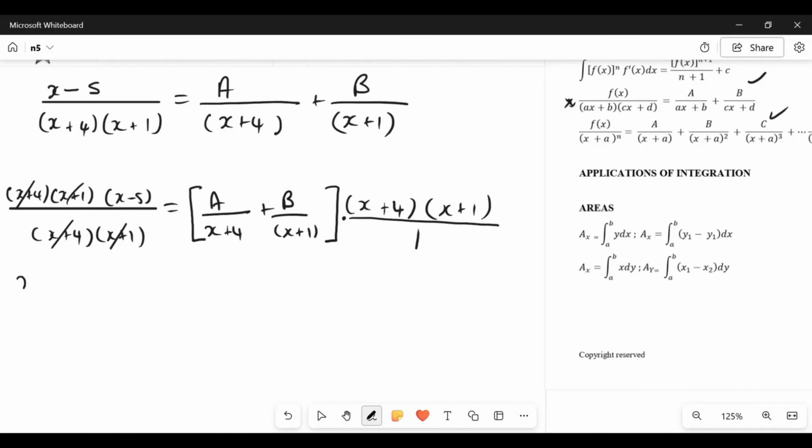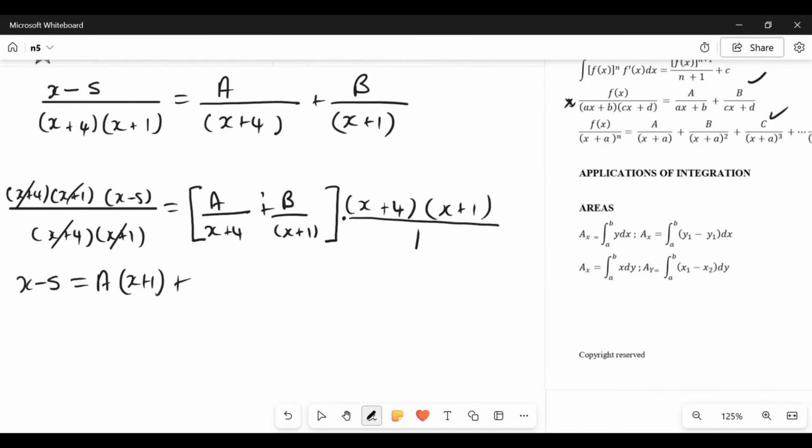So on the right hand side, we're going to be left with x minus 5 equaling to. Now this one here, we have to multiply each term with the outer part. If you multiply a over x plus 4, this x plus 4 and that x plus 4 will divide each other. So you're going to be left with only a and this x plus 1. So x plus 1.